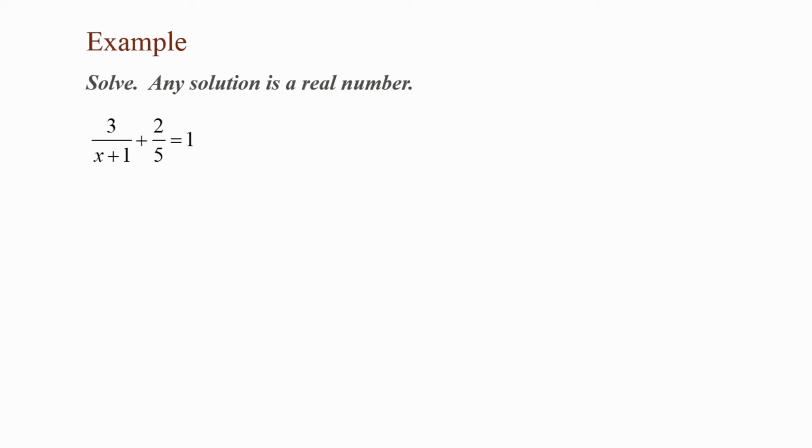In this example, solve any solution is a real number. I have 3 over x plus 1 plus 2/5 equals 1. Looking at my least common multiple, I have x plus 1 and I have 5.